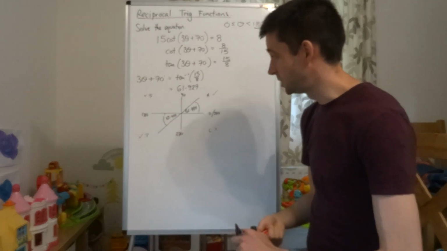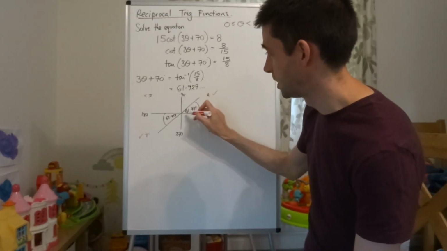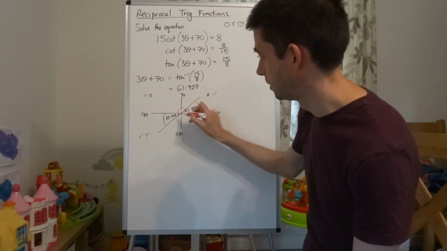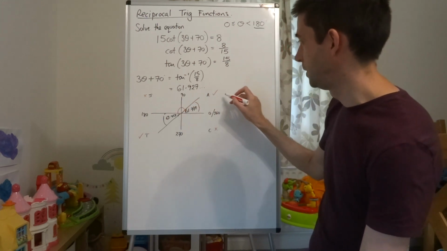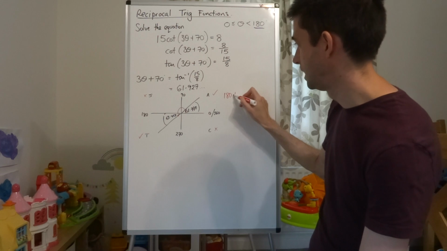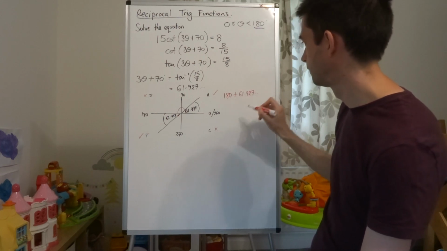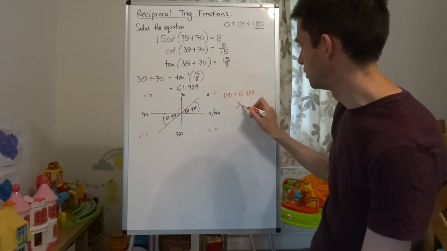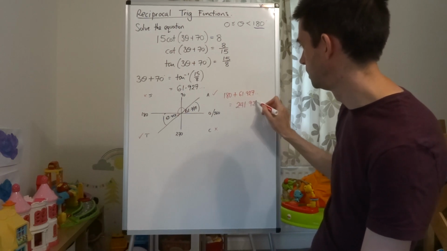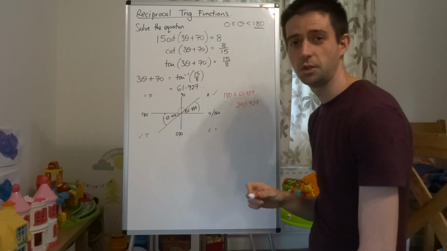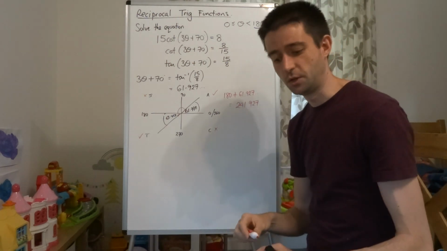But what I need to do to get that result is start on 0 and work around anti-clockwise. So I'm going to be doing 180 plus 61.927, which is 241.927, which is my second solution from the cast diagram.